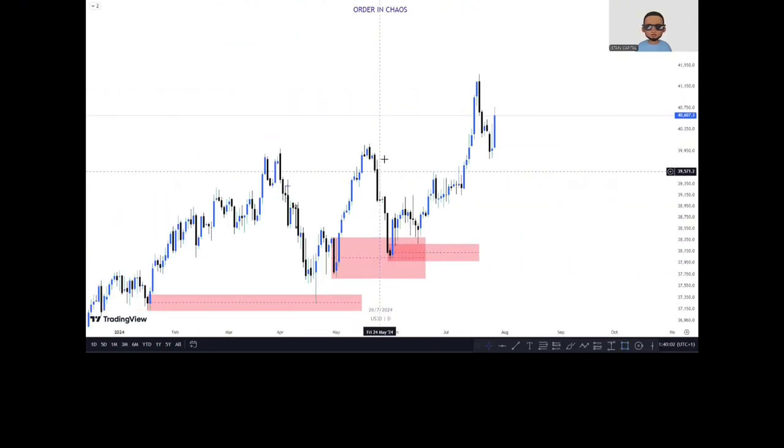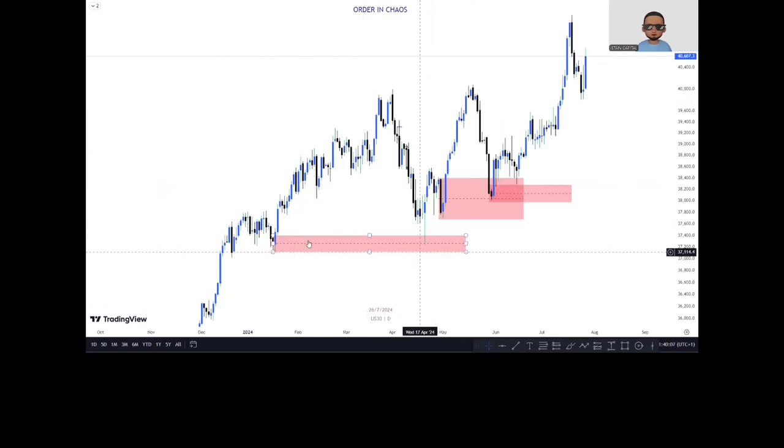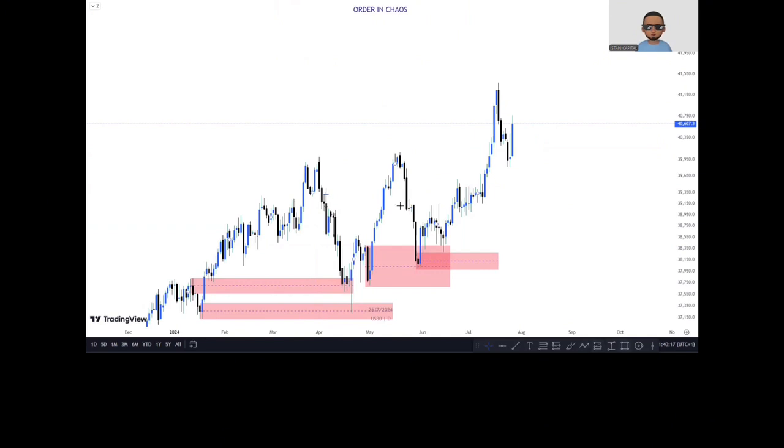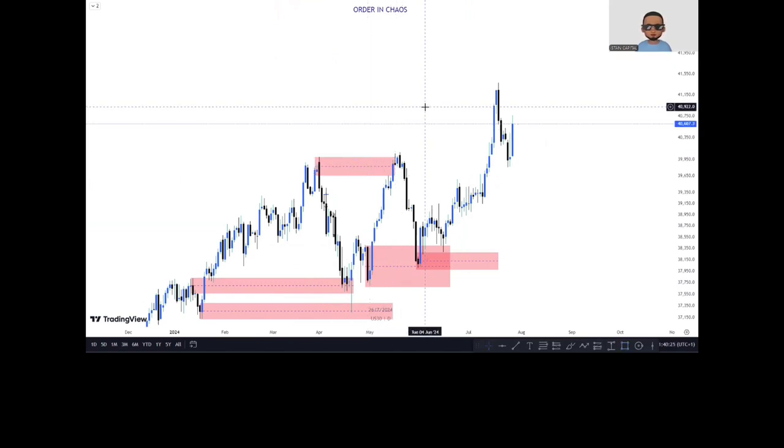You can see almost every supply is getting violated. This is a supply zone, and this is a supply zone. So the market is basically making higher highs and higher lows.